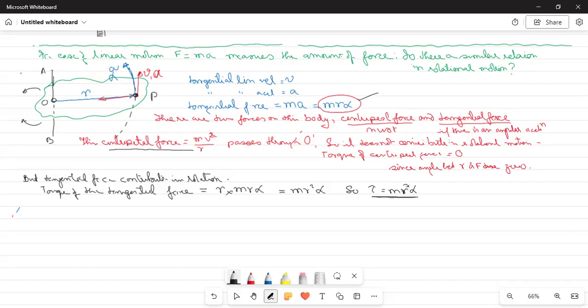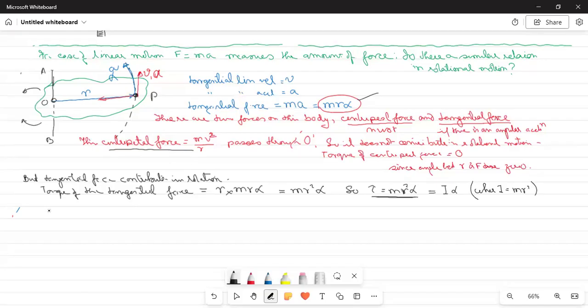F equal to ma corresponds to this, m r square alpha, and m r square is designated by a new terminology, I, so we have I alpha, where I is equal to m r square.